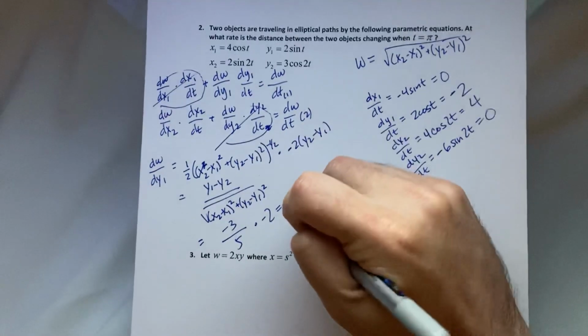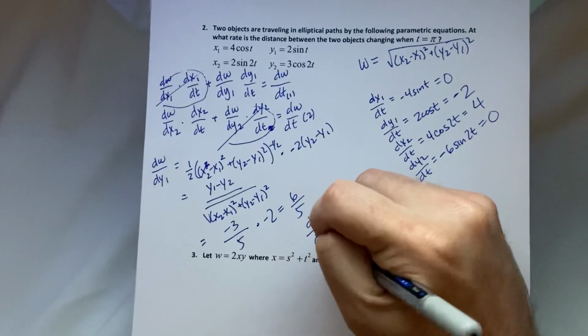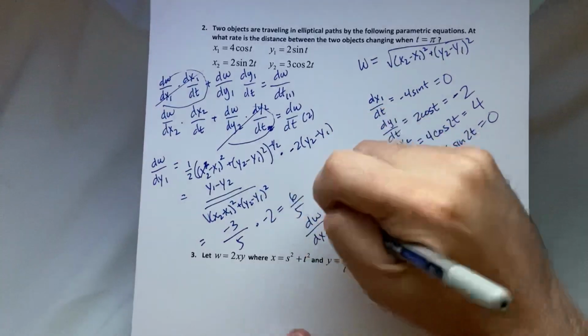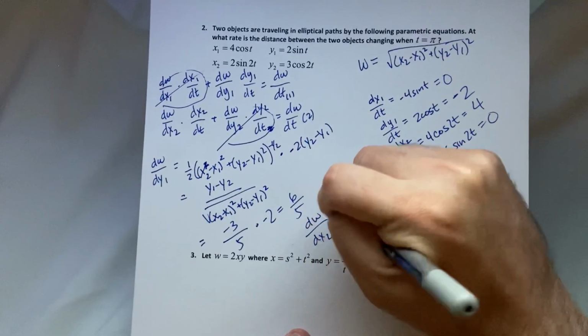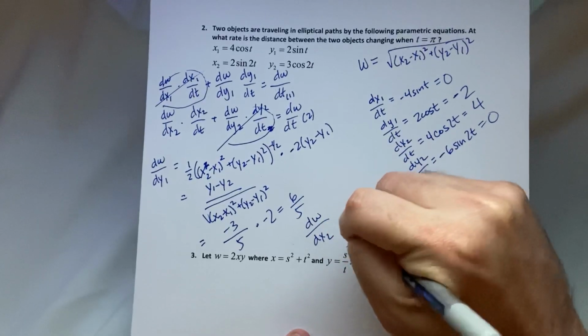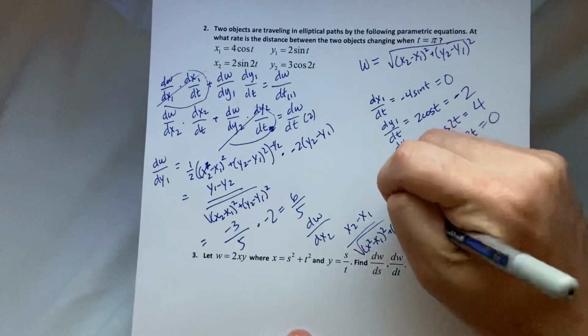If we do the same thing with the only other one we need, dw/dx2, it's exactly the same derivative-wise. It's (x2 minus x1) over the same square root, (x2 minus x1) squared plus (y2 minus y1) squared.